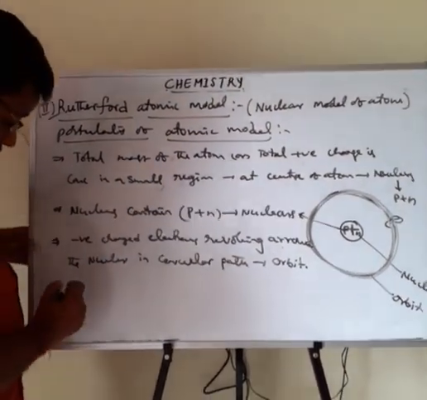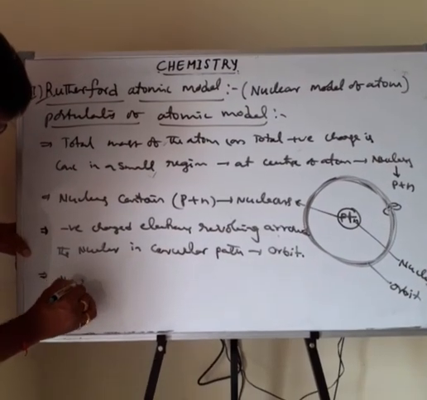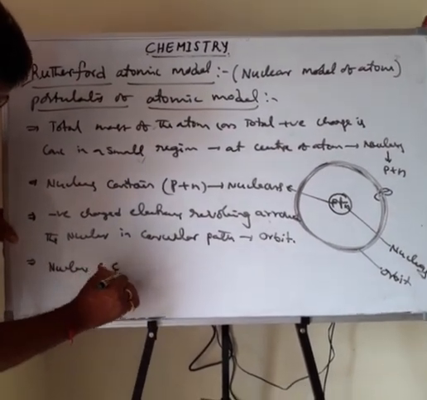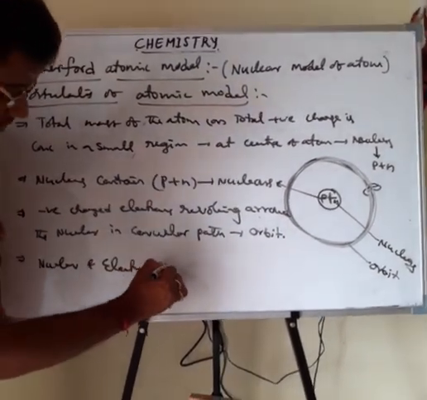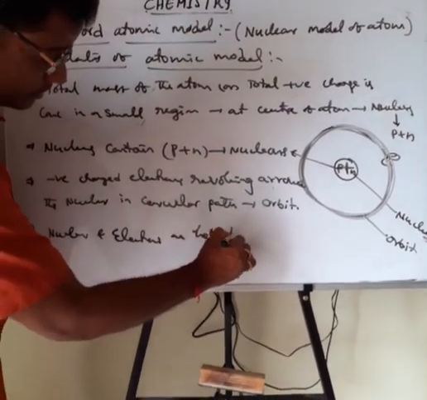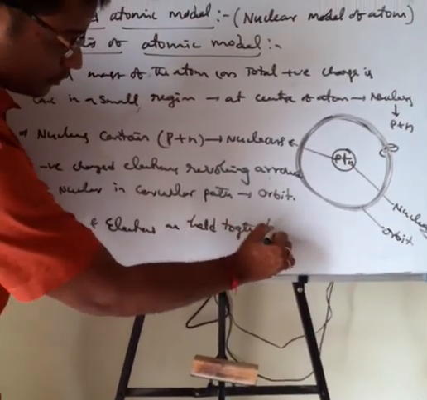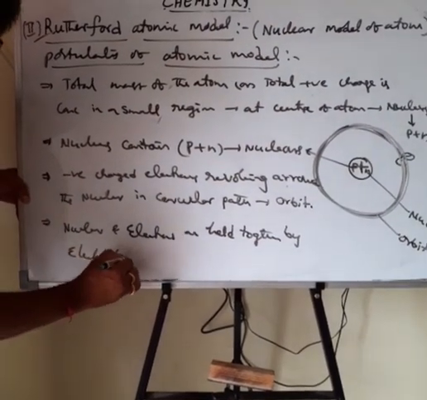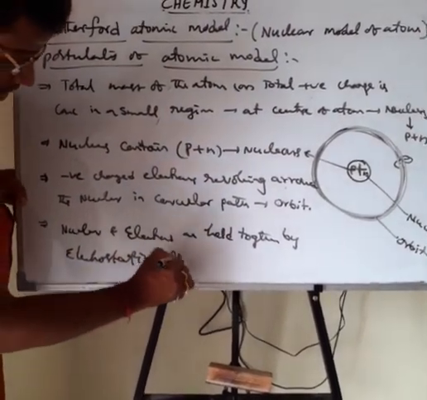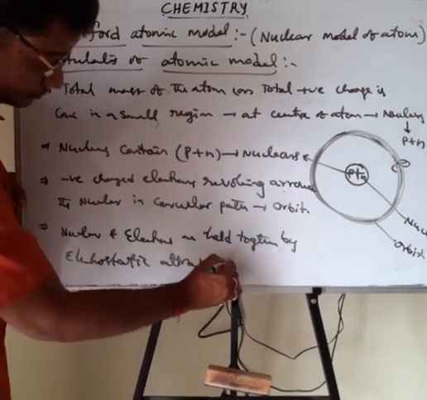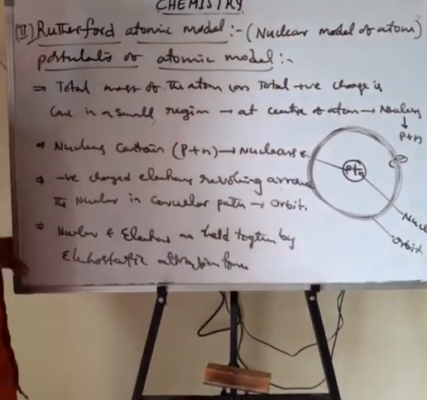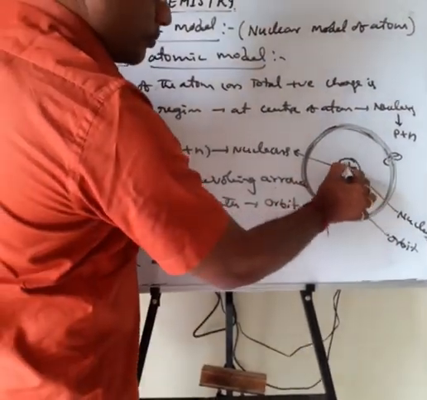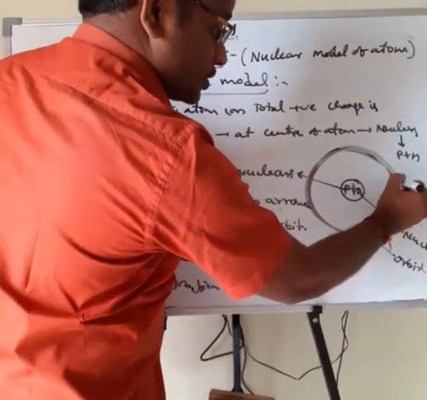Then the fourth point: the nucleus and electrons are held together by electrostatic attraction force. That is the fourth point. Here the nucleus has positive charge and electrons have negative charge.